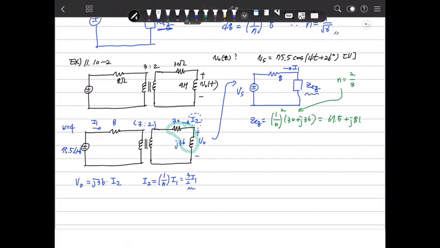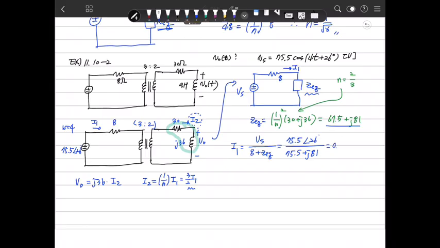So I1 can be calculated simply, because I1 is Vs over 8 plus Zeq. Vs was 75.5 at 26 degrees, and we're adding here 75.5 plus j81.